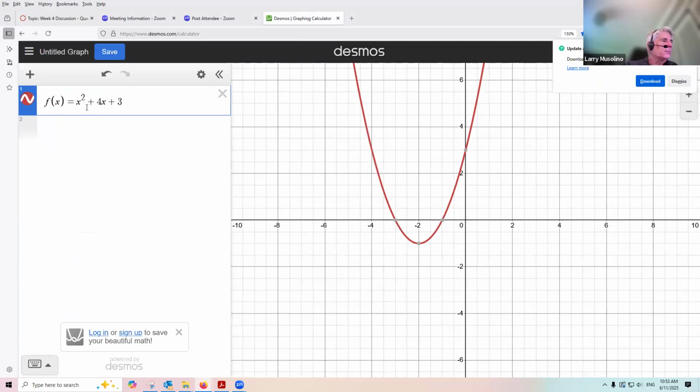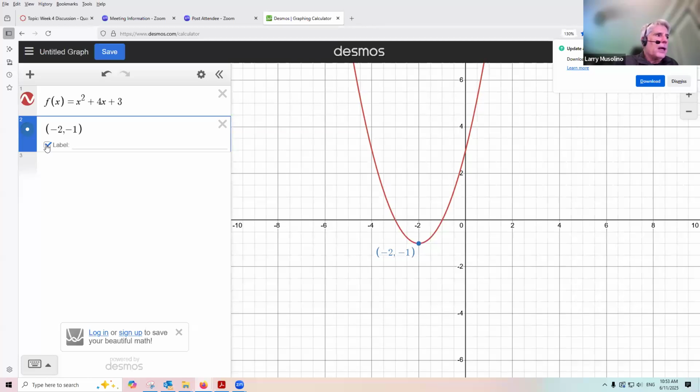That's up to you. All right, I'm noticing this vertex is negative 2, negative 1. Let me label these points, make it a little easier to see. So I'm going to put negative 2, negative 1. Now, in Desmos, you could just click this label, and it'll put the point there.